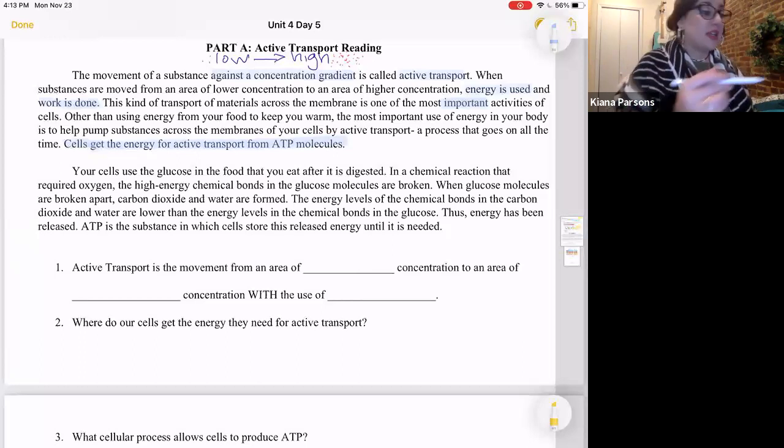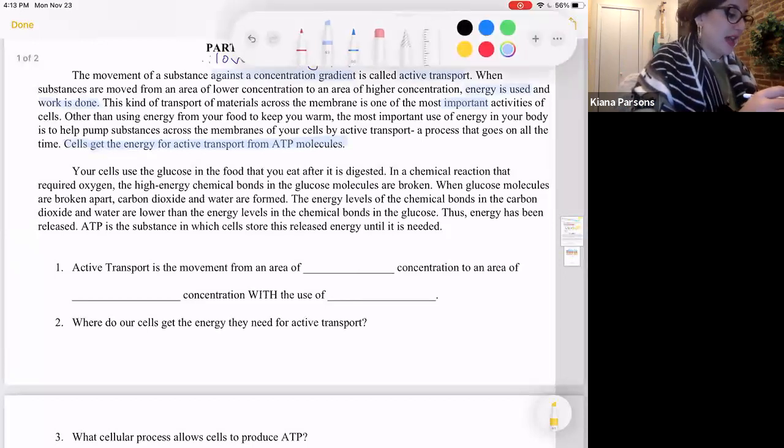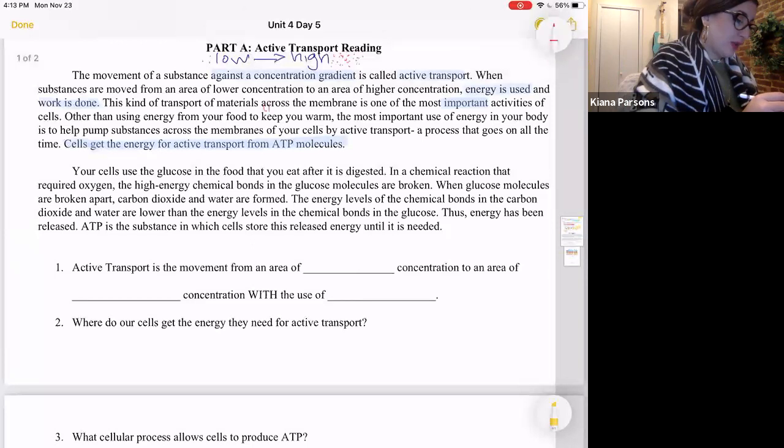Our body uses that energy to keep us warm. So that's homeostasis, right? Of temperature.